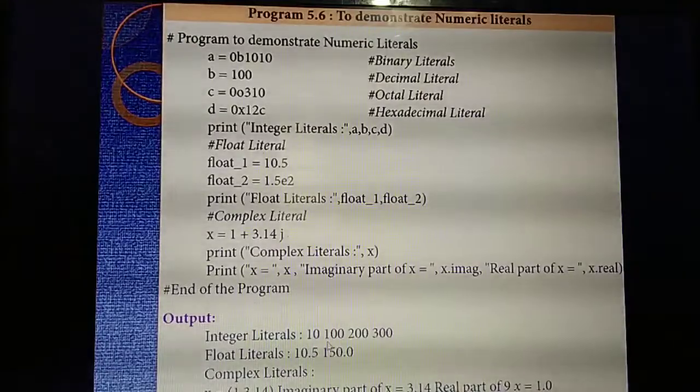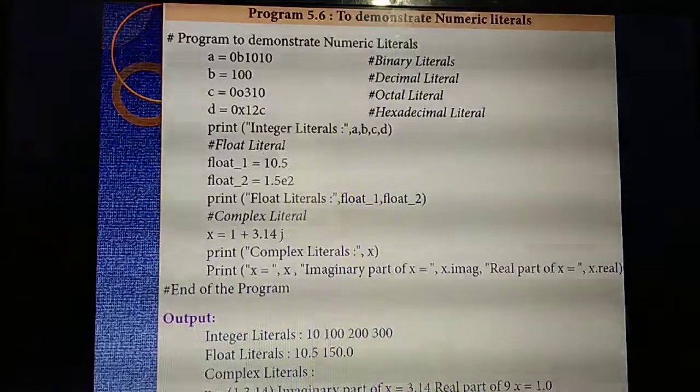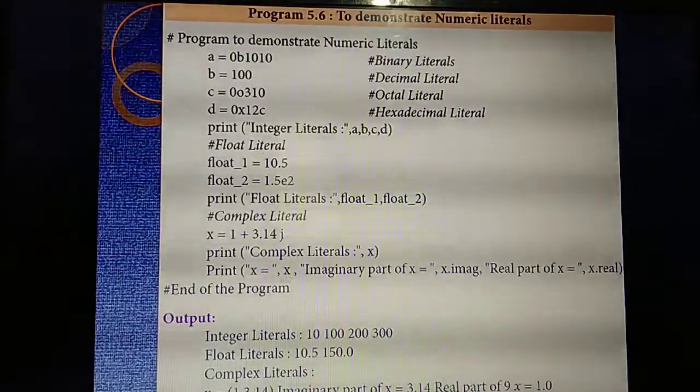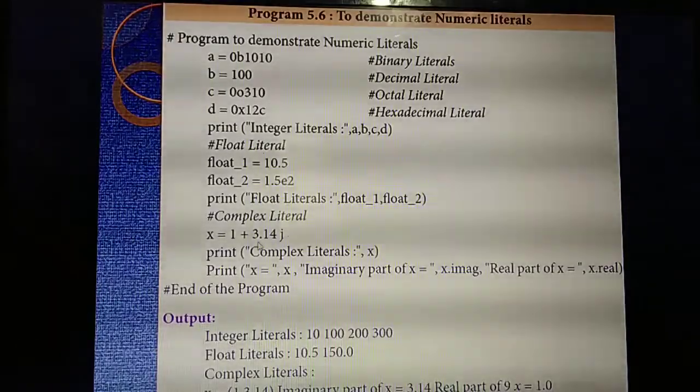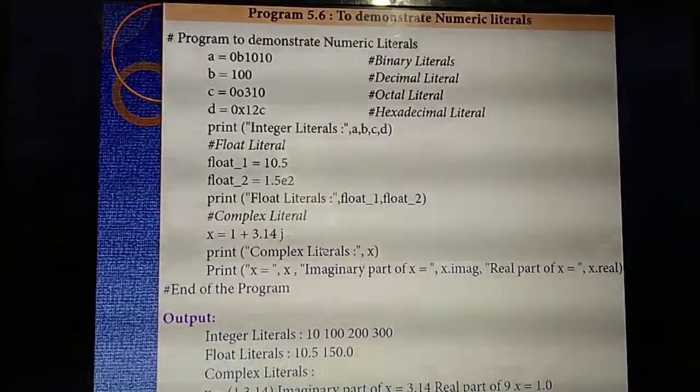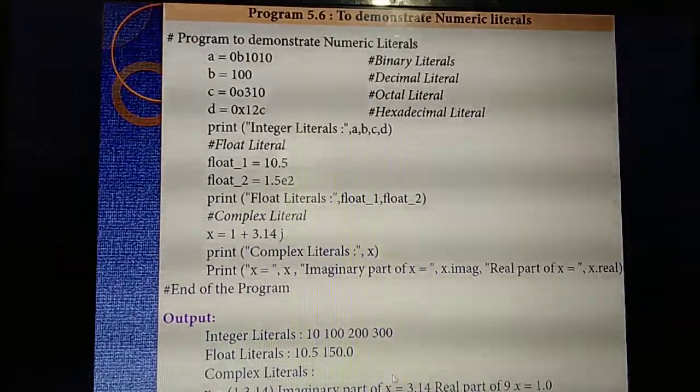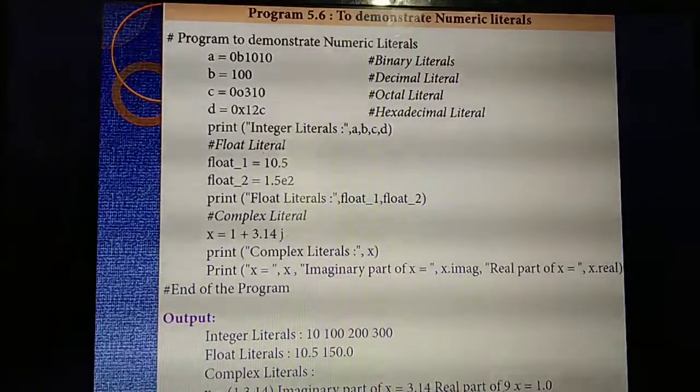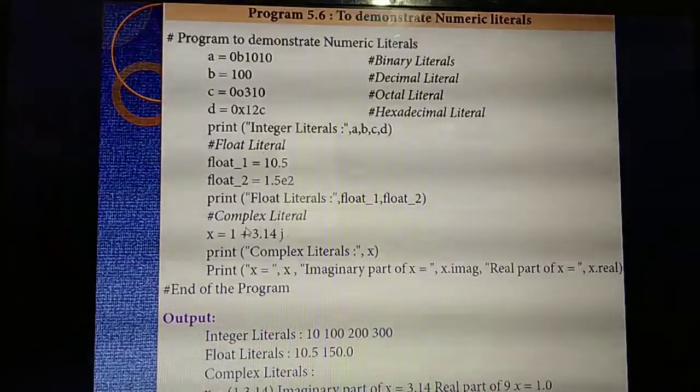Understand how you get 150.0? E2, shift 2 places. Then print x: 1 comma 3.14. The imaginary part here is 3.14. The real part here is 1.0.